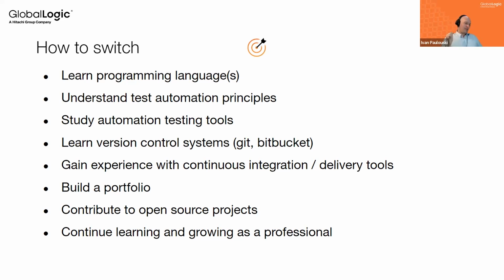Gain experience with continuous integration and delivery tools. It will be very good if you know how to work with Jenkins or with another continuous integration tool which is currently built into the version control system, like GitHub Actions or GitLab. There is already a bunch of information available on YouTube, and you just need to set a goal and gather all the information. Of course, if you have a mentor, he can create a development plan for you.